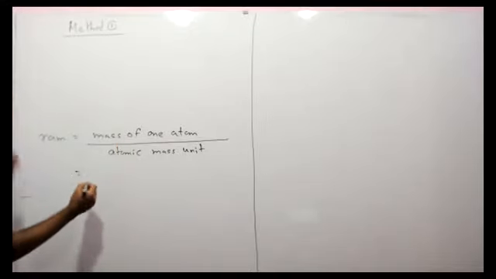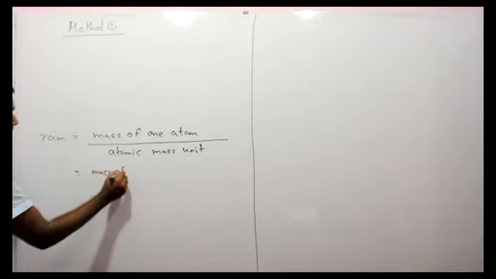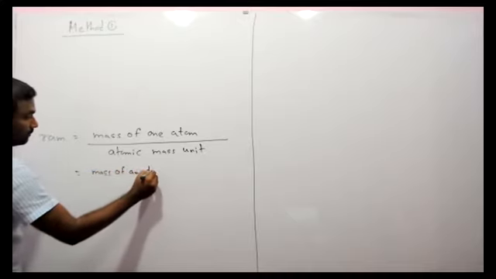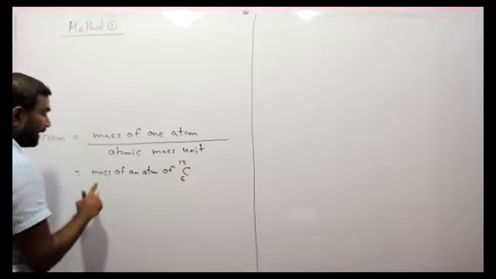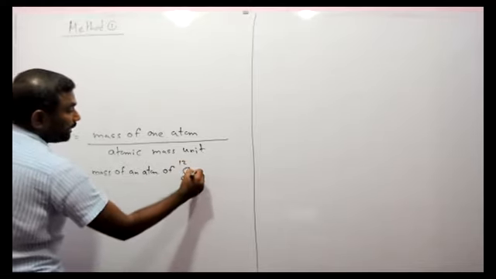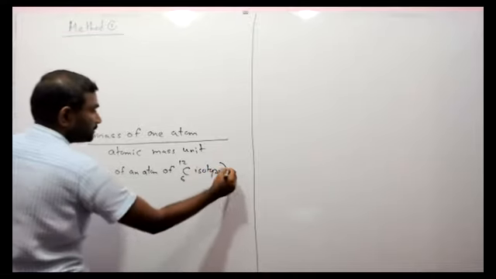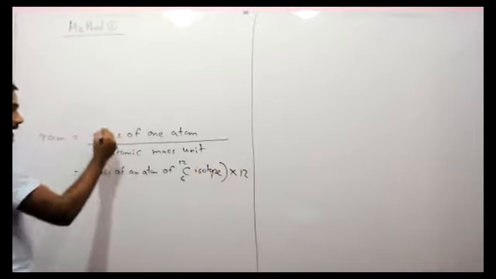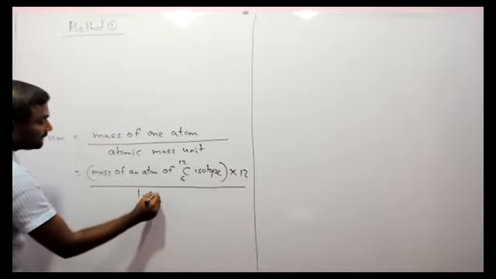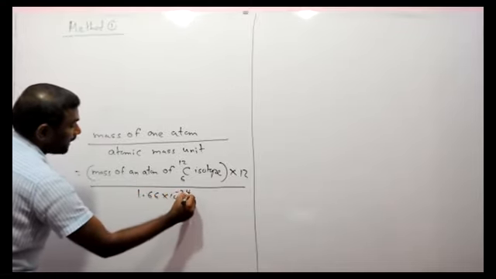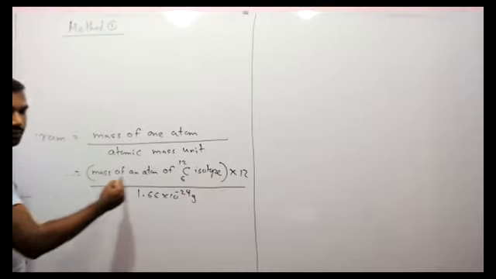Here, the mass of one atom: the mass of an atom of carbon-12 isotope, into 12, is the mass of one atom. We know the atomic mass unit value, children: 1.66 into 10 to the power minus 24 grams. So if you need to calculate your final answer, what do you have to calculate?